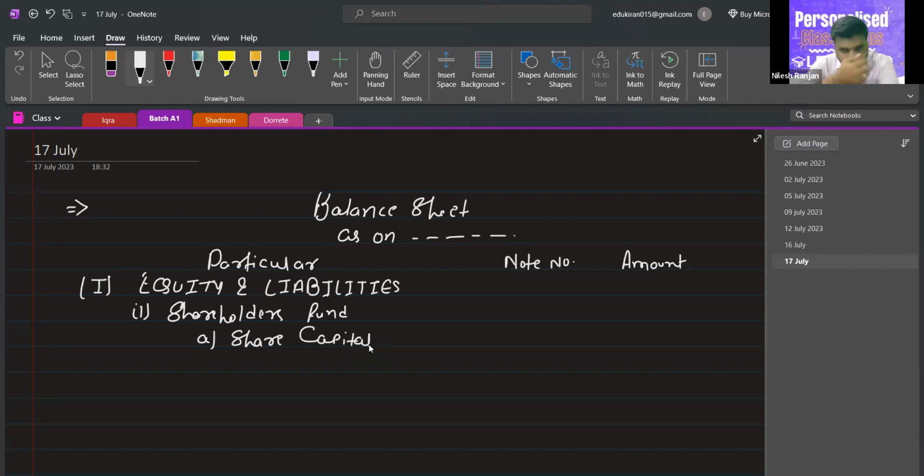Okay, so which number of share do we generally write in our balance sheet? The subscribed one or issued one? Which number of share is written in balance sheet, issued shares or subscribed shares?